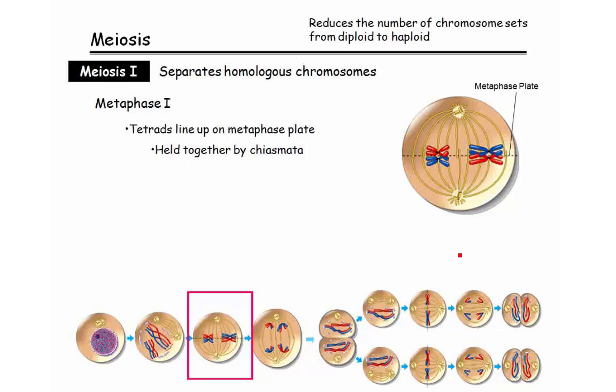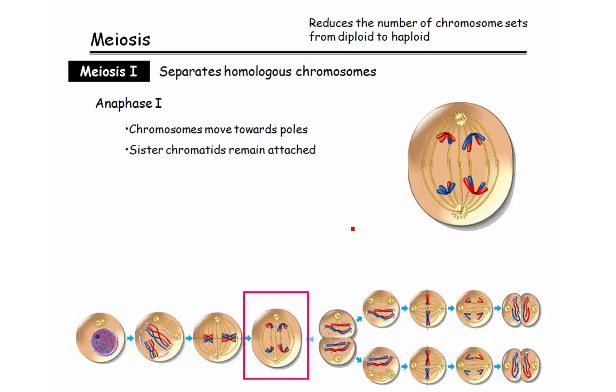But when it happens, these tetrads will still be held together. So metaphase 1 looks quite unique. We should be able to see the tetrads lined up on the metaphase plate. The ploidy and the replication status will be similar to what we had before. It's going to be duplicated and it is going to be diploid.